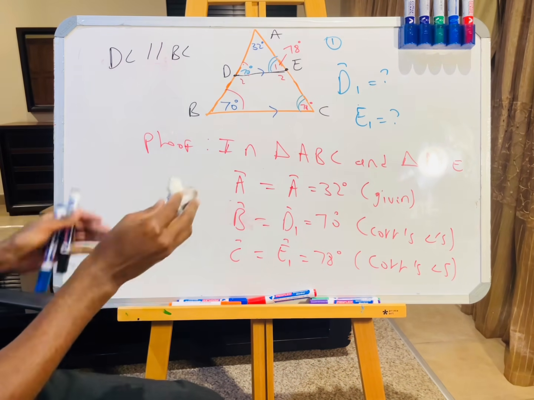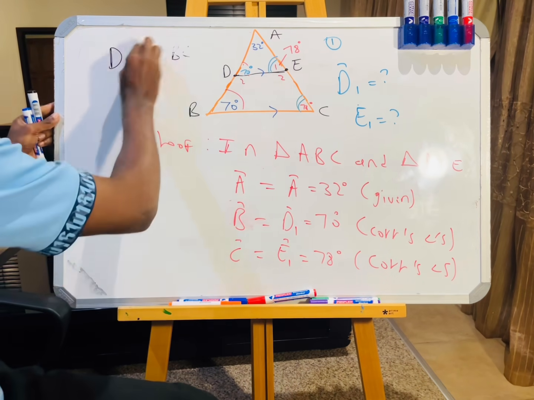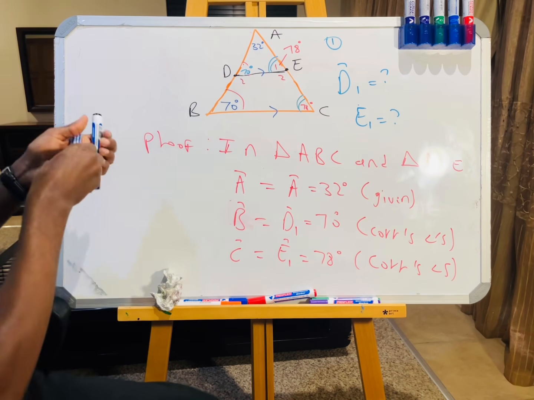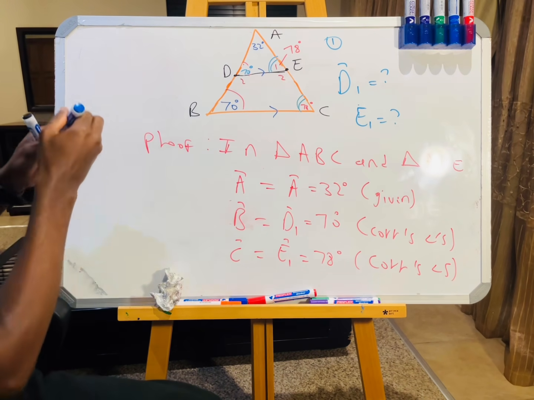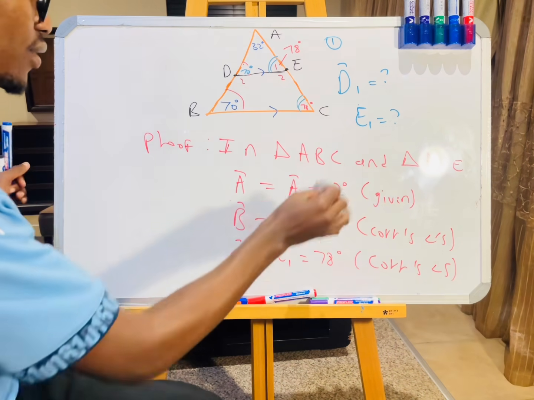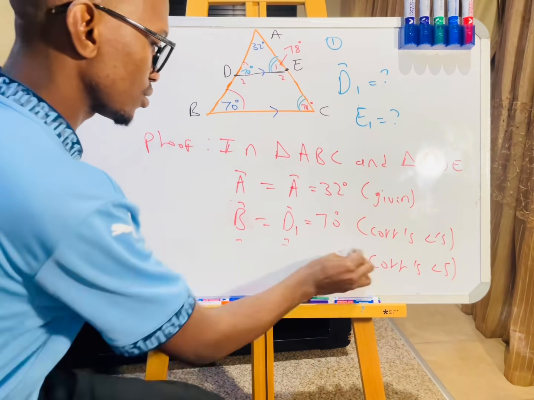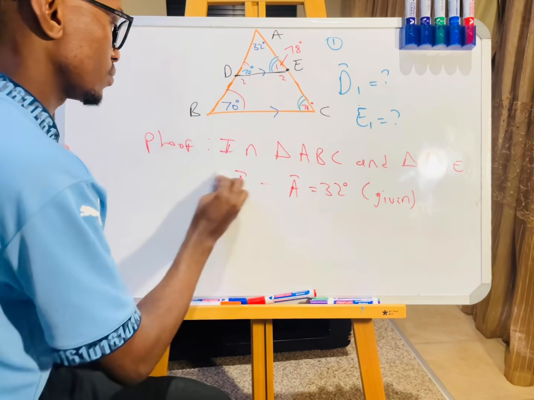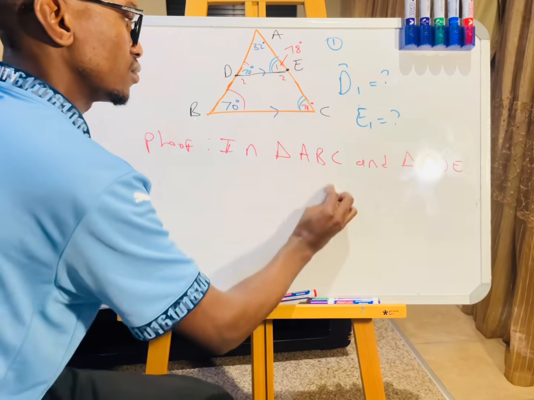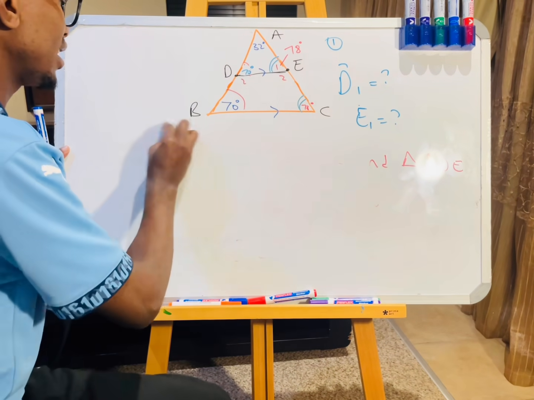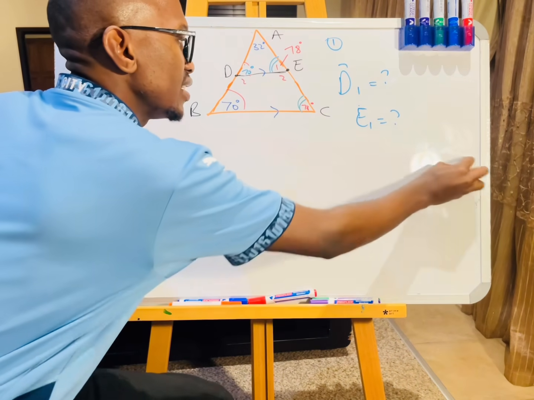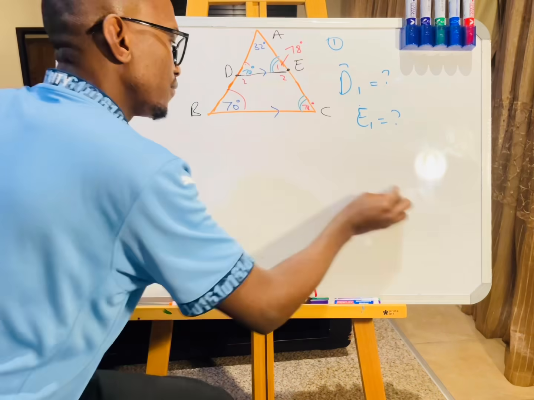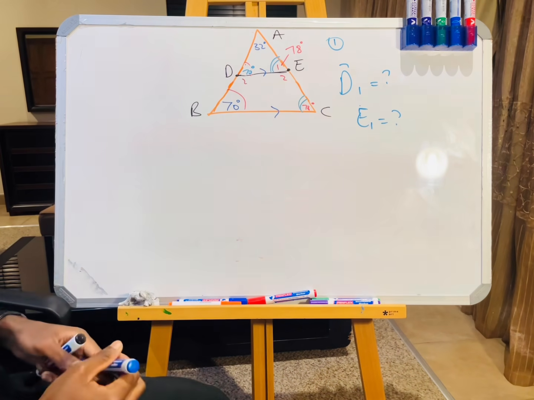I don't have enough space, so I just have to erase. Okay, guys, there are cases of similarity. Number 1 is that the sides are in proportion.